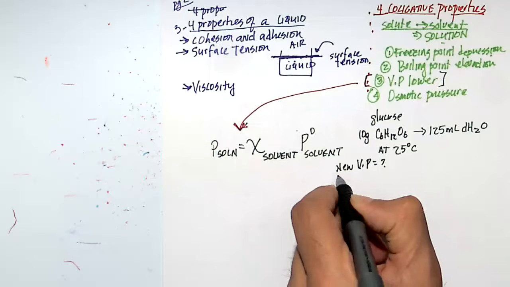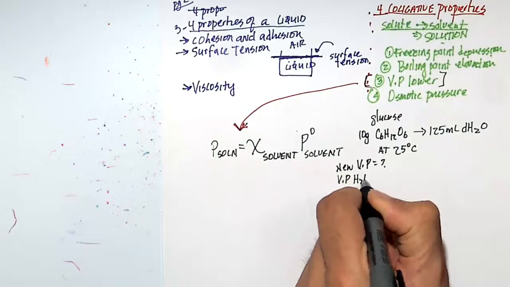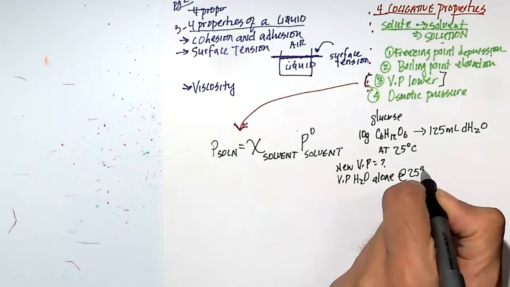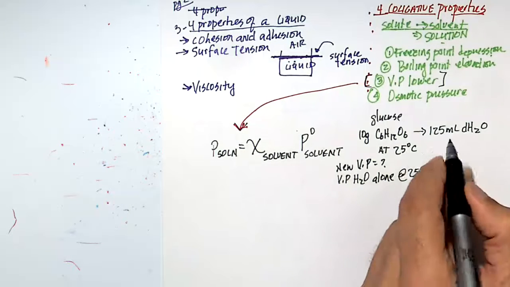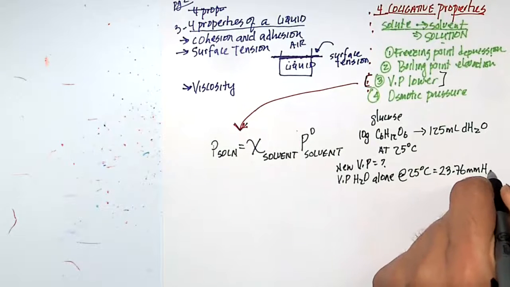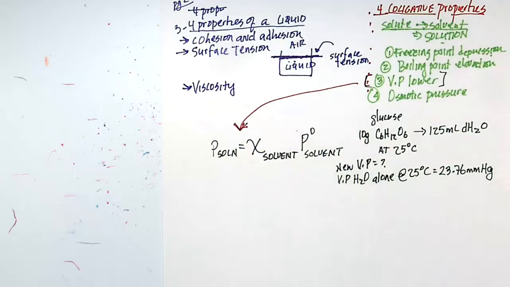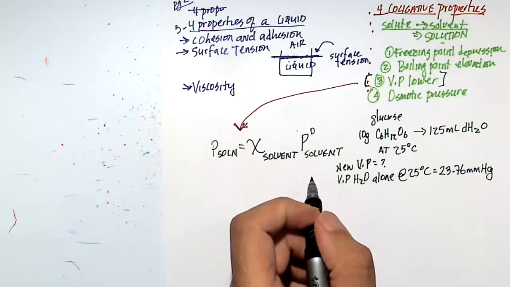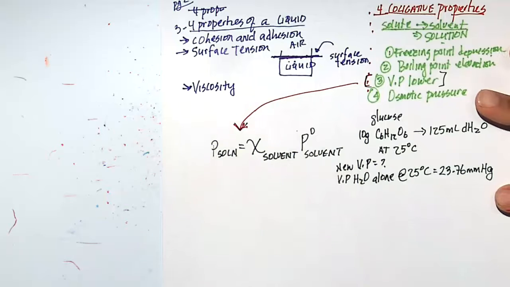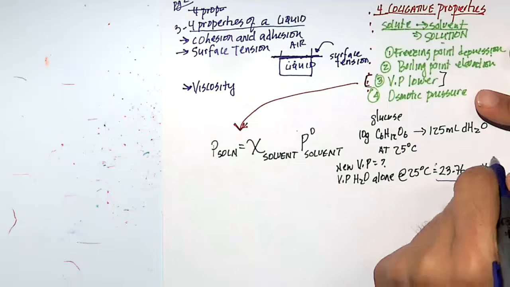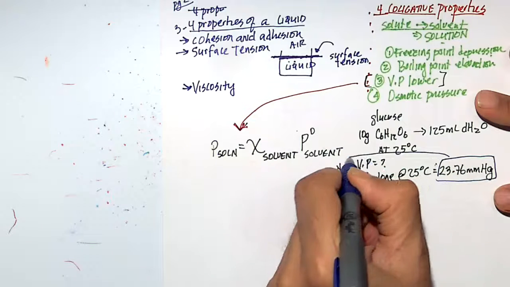I should also tell you that the vapor pressure of water alone at 25 degrees C, again, we look it up, is about 23.76 millimeters of mercury. Are you able to solve such a problem? Well, the vapor pressure of the solvent alone is here, so that's going to go here.